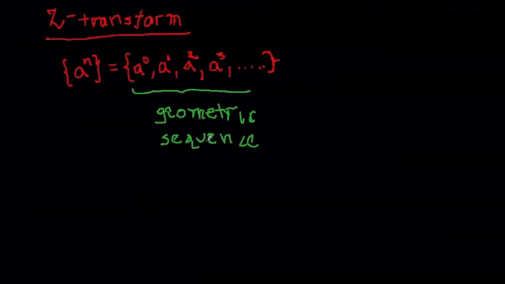And this is the most important expression. This expression is linked to the geometric series, which plays a central role in discrete system analysis, the same way the exponential function e to the minus alpha t, which is related to the 1 over s plus alpha that we know from the continuous system representation.